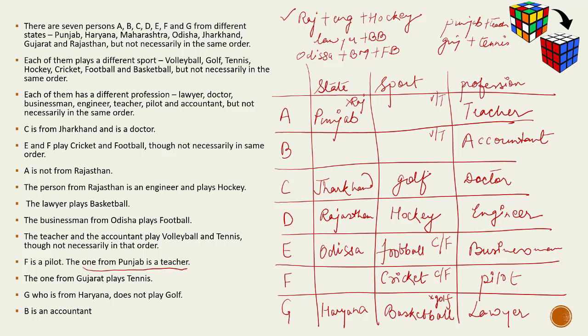And the last piece of information, that the one who hails from Gujarat plays tennis. So the state left for B would be Gujarat, and the sport that would go with him will be tennis. So for A, the sport will be volleyball. And now the last state to be allotted to F would be Maharashtra.